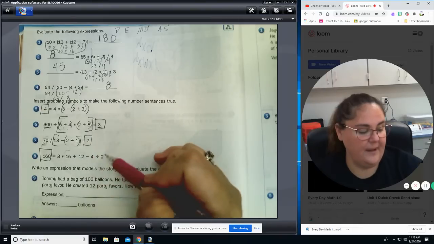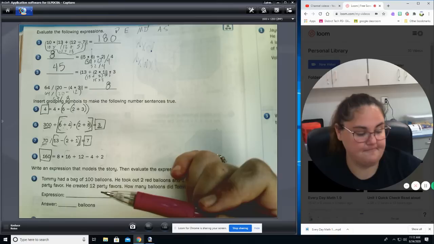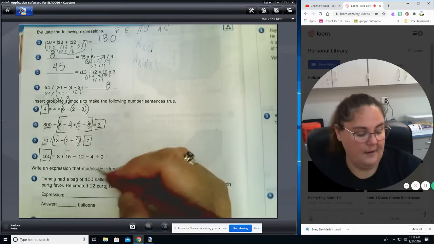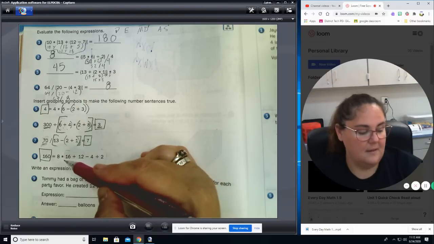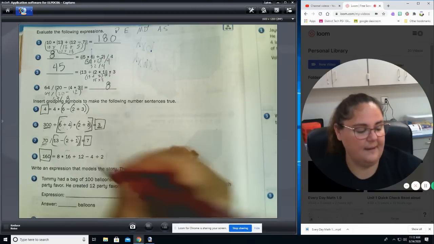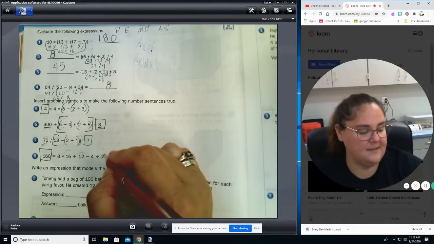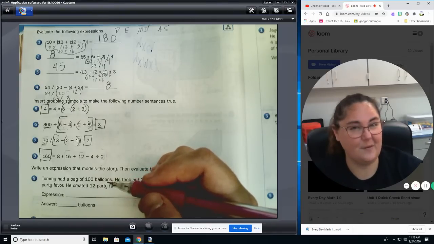So if I can find a way to make this all equal 20, then I would be great. All right, I also know that 16 plus 4 equals 20. So if I can find a way to make these equal 4, then I would be awesome, right?